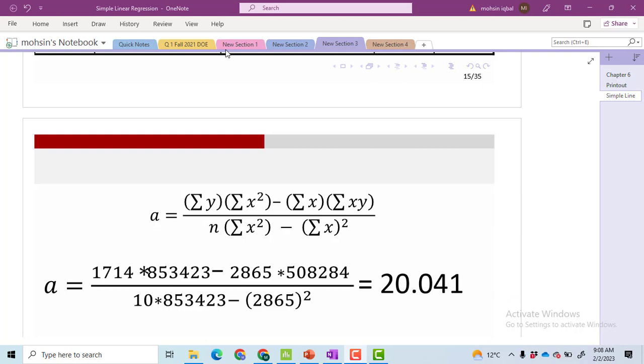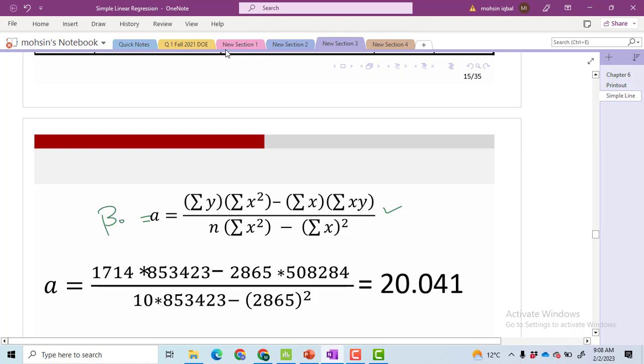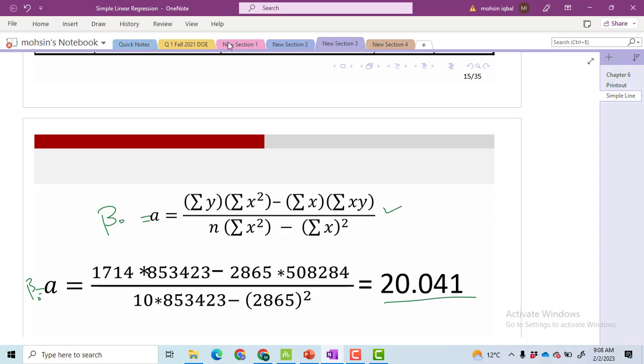Now the time comes for putting all of the values that we have calculated in this formula so that we can get our beta naught. I hope all of these values have been calculated by you while watching the video. Just put these values and you get the result 20.041.